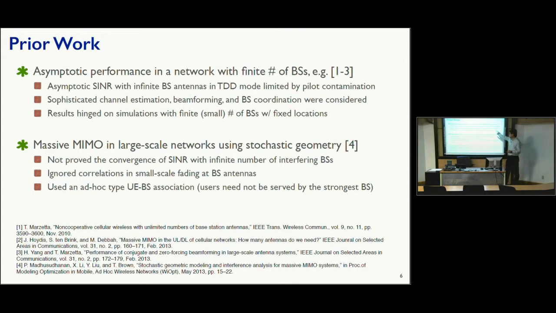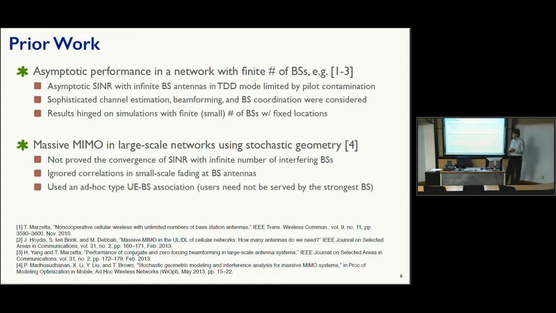But if you look at the expressions in their papers, mostly their SINR expression is conditioned on a certain distribution of fixed locations of users and base stations. So if we are interested in the spatial average performance, taking the average over all the base station and user locations, we need to do Monte Carlo simulation.